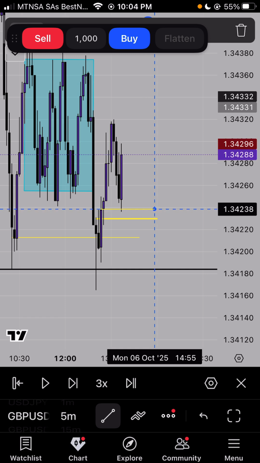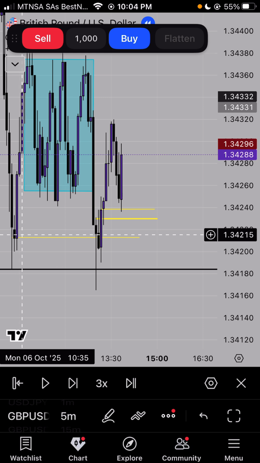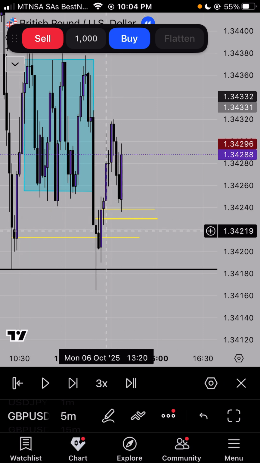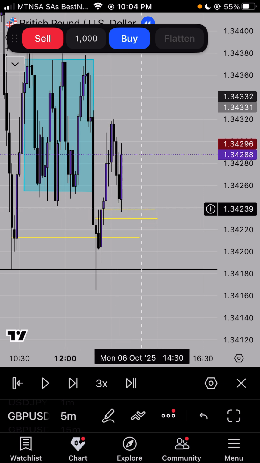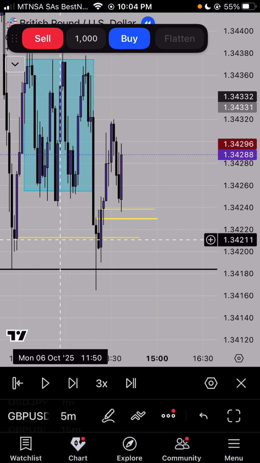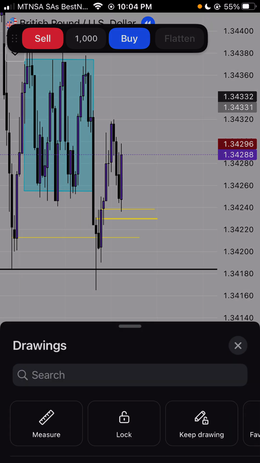So this is the low of my confirmation, and this is the high of my confirmation. I didn't have any fair value gap. So don't care about people telling you, yeah, fair value gap, boom, go. They're gonna mislead you. This is the low of my confirmation, that's the high of my confirmation.